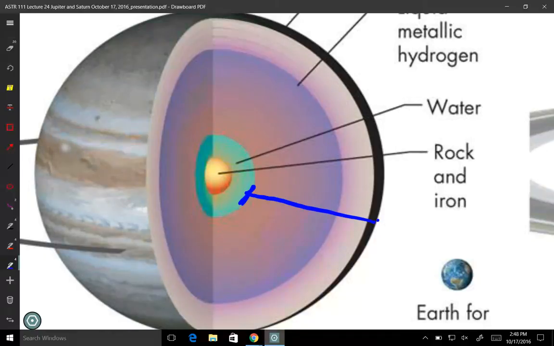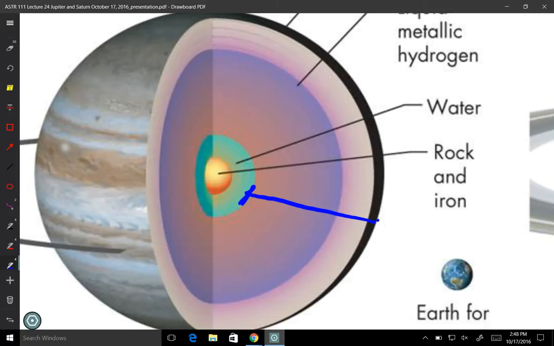Now, why did they think that it had to be metallic? Well, it's not on this slide, at least I don't think it is. But Jupiter has a very, very strong magnetic field. Well, to make a strong magnetic field, we need a conducting liquid going around in circles with convection. And they said, well, to make that very strong magnetic field, it's not going to be in the core. It's got to be something that's out there moving faster.